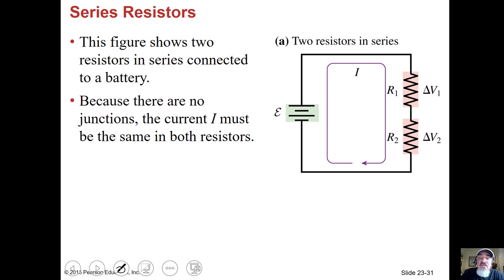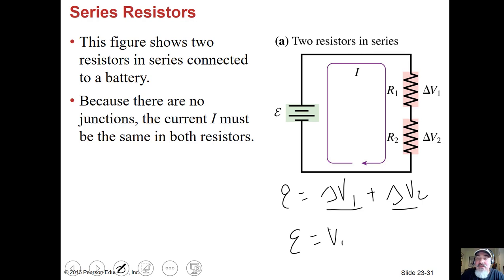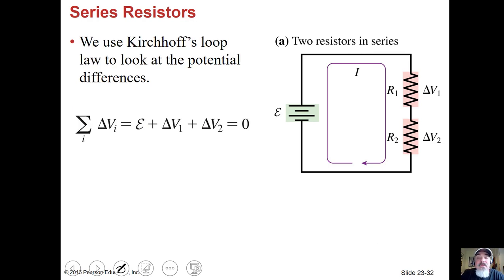The voltage of the battery is equal to the first voltage drop plus the second voltage drop. Sometimes people write delta V1 and delta V2. You'll probably just see me write V1 plus V2, and it's the same thing. It just depends on what you want to call them. Okay, good. So we've seen that before.